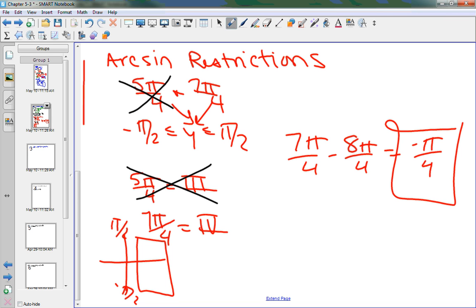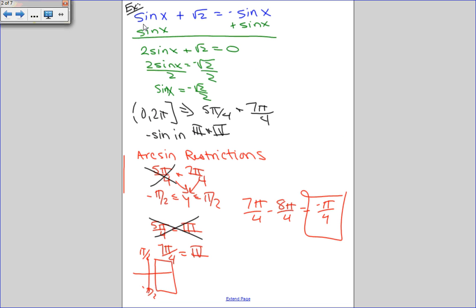Do we understand that? That is exactly what your book does not do, and I really, really have a problem with that. Okay? They're asking for all the answers between 0 and 2 pi. That's fine and legit. You get 5 pi over 4 and 7 pi over 4. But if you are truly using your arc sine values, which means you have to take the arc sine of both sides, right?